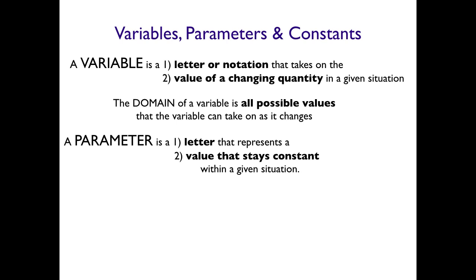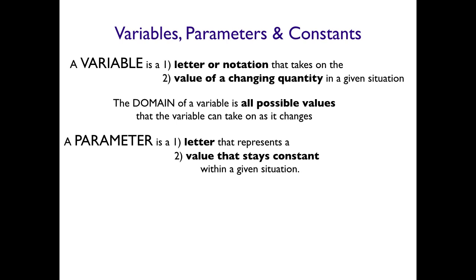If I wanted to actually compute the volume of water, I need to know that radius. But if I want to express it, I could just use a letter r. But that r is a parameter if the water bottle is not changing dimensions on us, which is kind of normal. So you can use symbols to represent quantities whose values you don't know. Maybe you'll figure them out later. But if it's something that isn't going to be changing, then we call that a parameter.